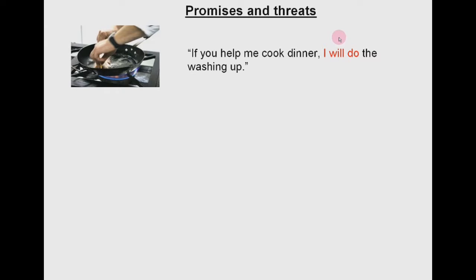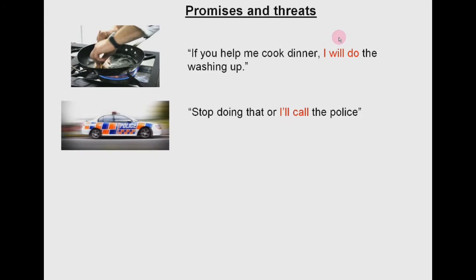Future simple. Stop doing that or I'll call the police. So this is a threat. If you do not do this, then I will do that. So this is again the future simple.